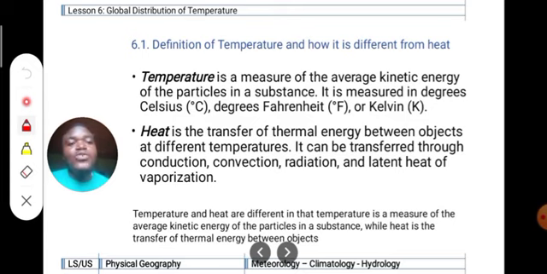Temperature and heat are different in that temperature is a measure of the average kinetic energy of the particles in a substance or in a body, while heat is the transfer of thermal energy between objects or between bodies.